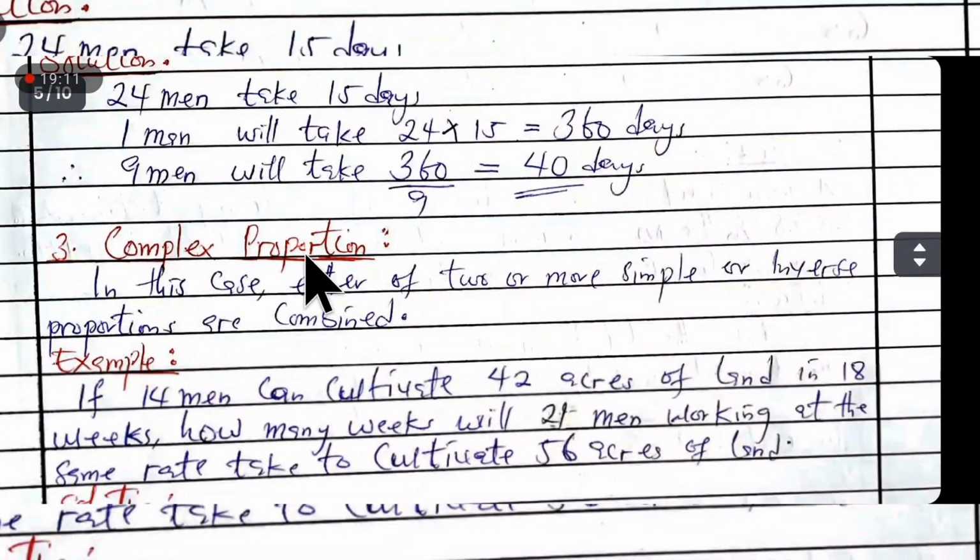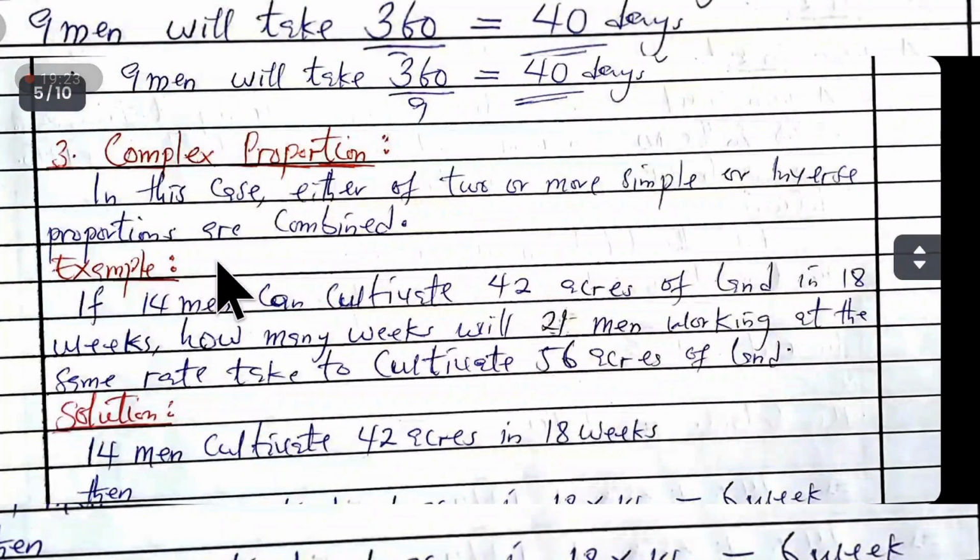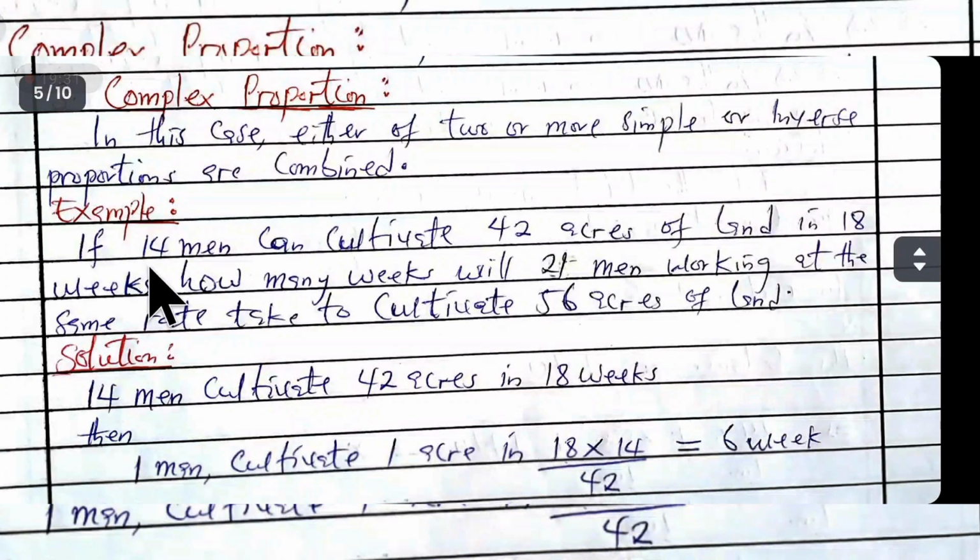All right, so the next one is complex proportion. In this case, two or more simple or inverse proportions are combined. We can combine direct and inverse proportion here. Look at the question.